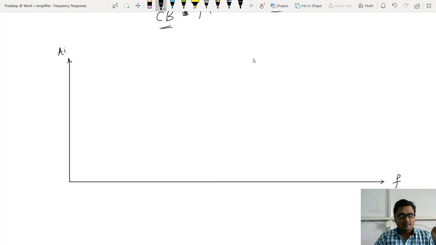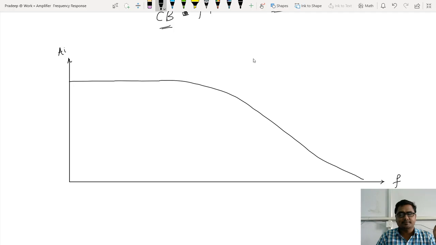Somewhere here the graph goes on. Maybe this is the graph actually. At higher frequencies, we know that gain decreases.